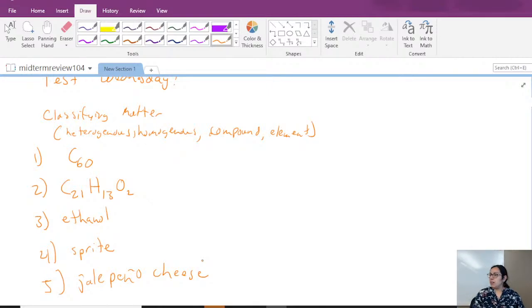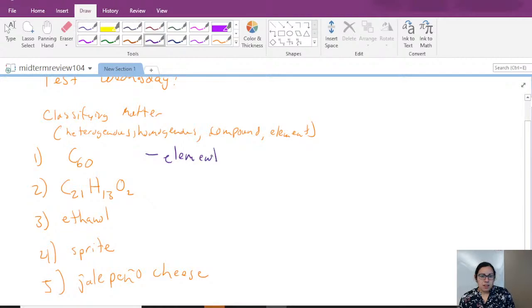So are we ready to go over them? So what do we get for C60? How many types of atoms are there? That's our other hint. Yeah, so there's only one, so then what is it if it's just one element?